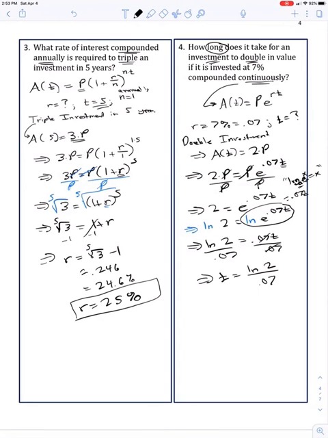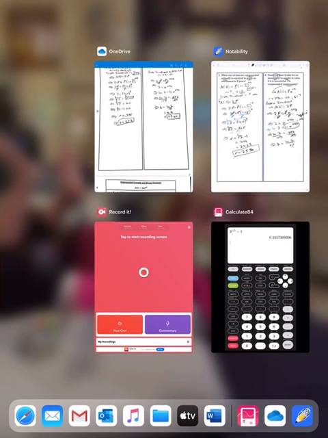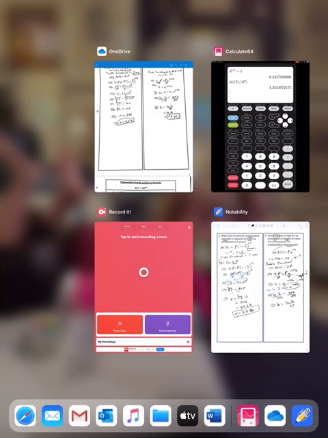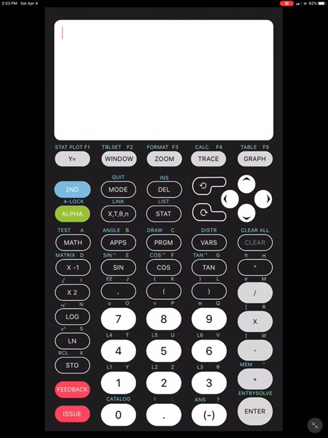So let's go see what we get in our calculator. Natural log of 2 divided by 0.07. All right. Let's make sure we type that in correctly. Let's try it again. ln of 2 divided by 0.07.